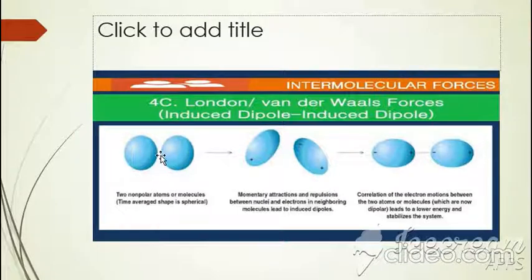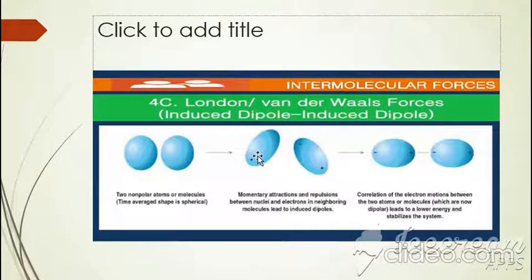This dipole is called the instantaneous dipole because it is created at any instant. A lot of non-polar molecules are present in the container, and when they come close to each other, a repulsion between the electrons is created. As a result, this temporary dipole, or instantaneous dipole, is created at any instant between the molecules.